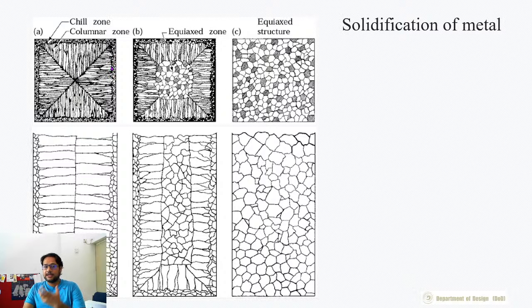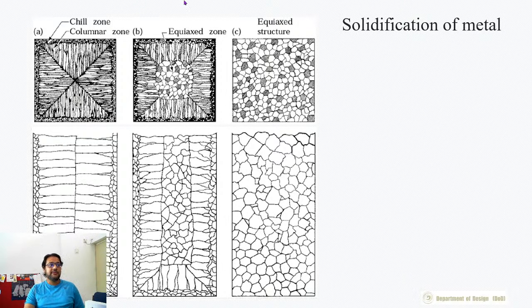So let's take a look at what happens when it cools down. If the temperature difference between the molten material and the environment in which this block is in is quite high, that means the molten material can lose a lot of heat very quickly.